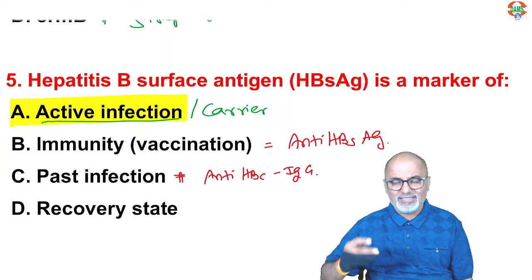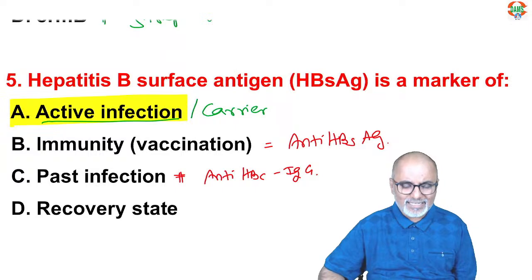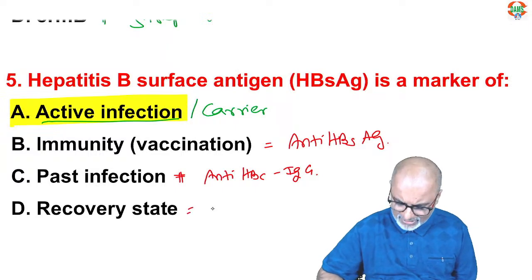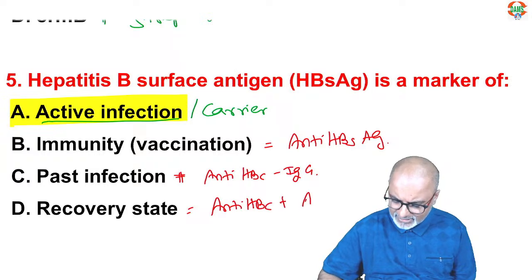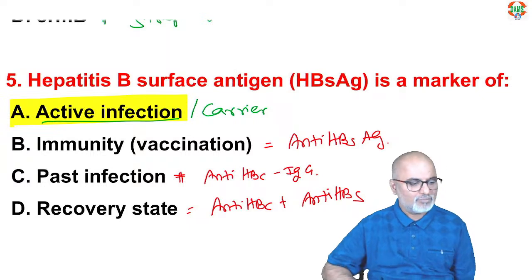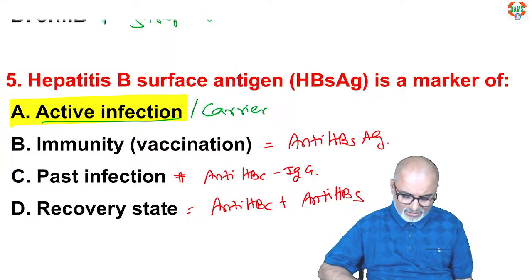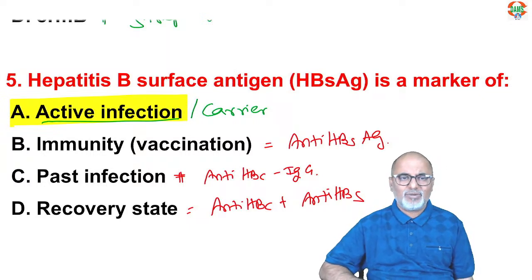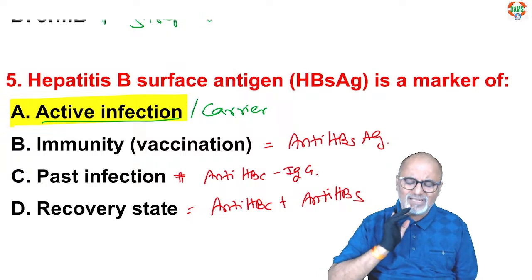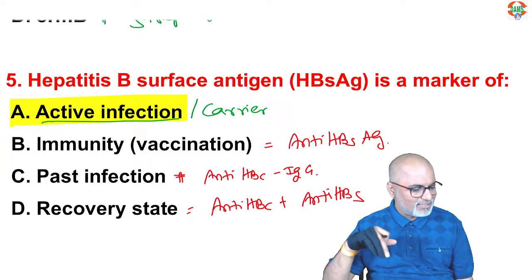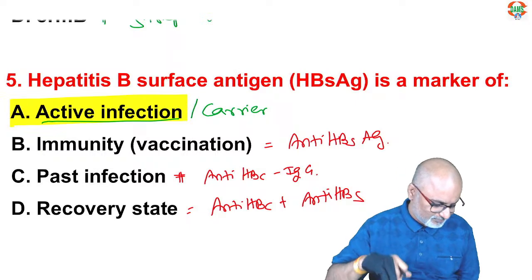Just to recollect the panels: in the recovery state, you can get core antibody as well as surface antibody. Got it? So hepatitis B surface antigen is a marker of active infection as well as carrier state, simple.